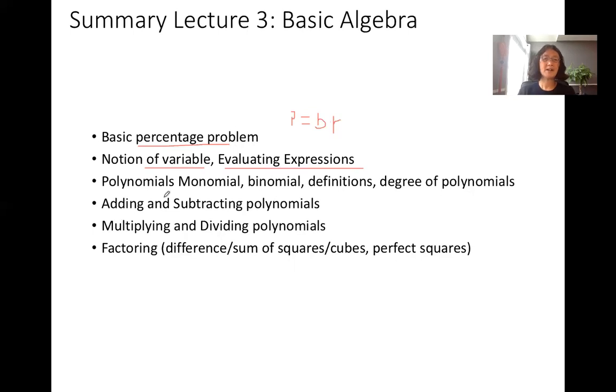We also talked about the definition of polynomial, monomial, binomial, as well as the degree of polynomials. And we focused on polynomial addition, subtraction, multiplication, and division. Finally, we touched upon factorization. That's all for this lecture.